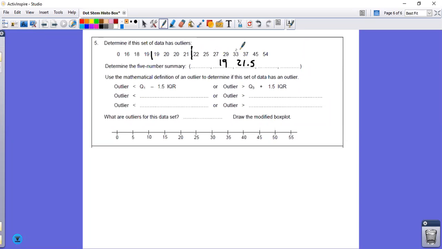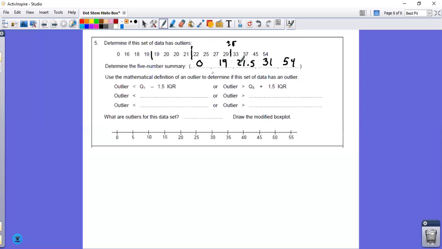And the middle of the group up here is between 29 and 33. So again, you can add those together and divide by 2, or just figure out what number is in the middle of 29 and 33. 31 is. So 0 is your minimum, 54 is your maximum.